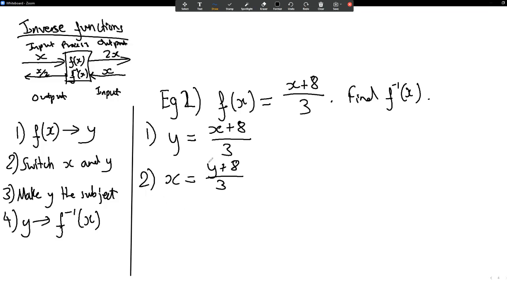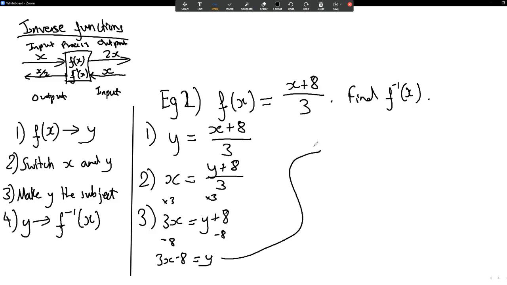And now we want to make y the subject. Now this can be tricky. In this case, it's not too bad. We can multiply by 3 on both sides, giving us 3x equals y plus 8. And now to make the y the subject, we just subtract 8 from both sides. We get 3x minus 8 equals y.